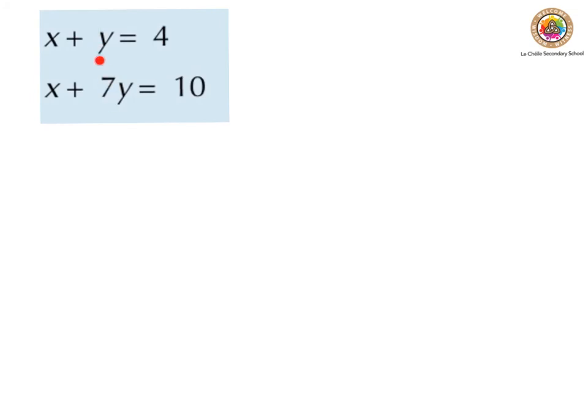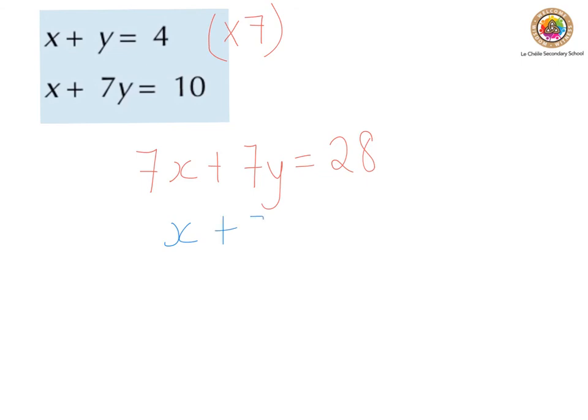So to get my y coefficients the same here, well, what do I want to do? I want to multiply equation 1 by 7. So here, when I rewrite equation 1, I'm going to have 7x plus 7y is equal to, well, 4 by 7 is 28. Here, I rewrite equation 2 as it was, x plus 7y is equal to 10.